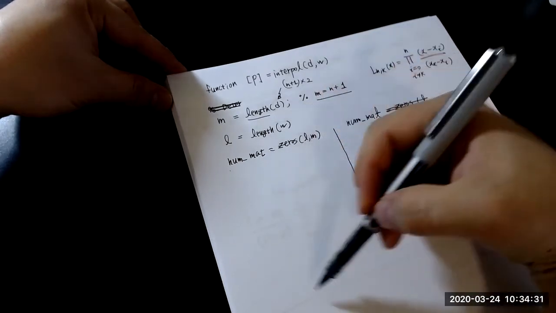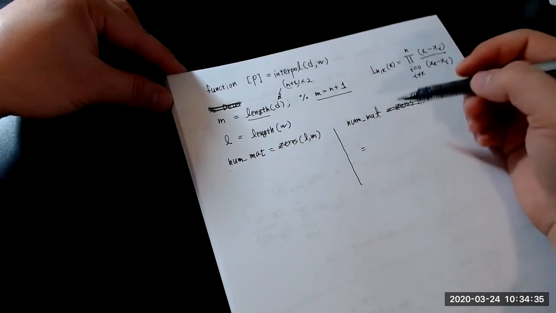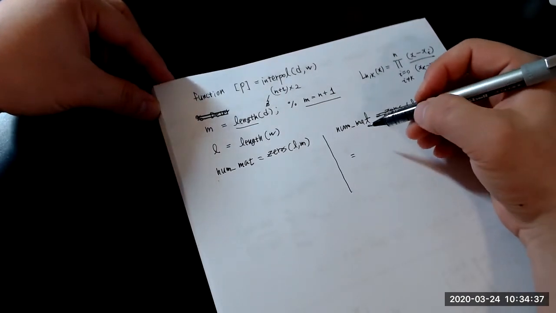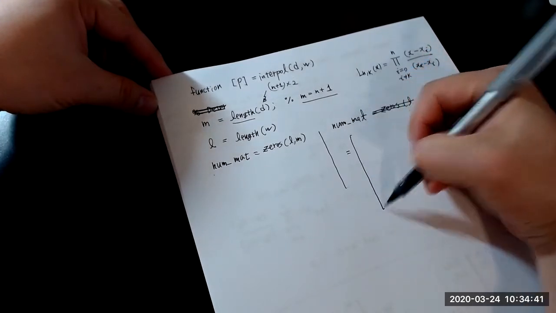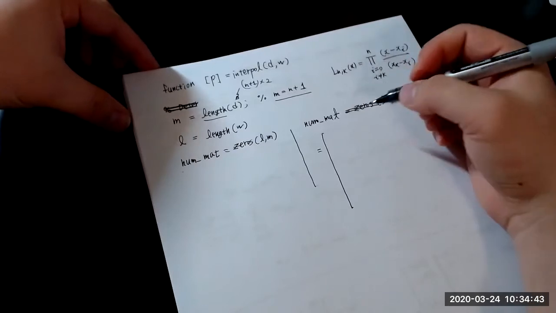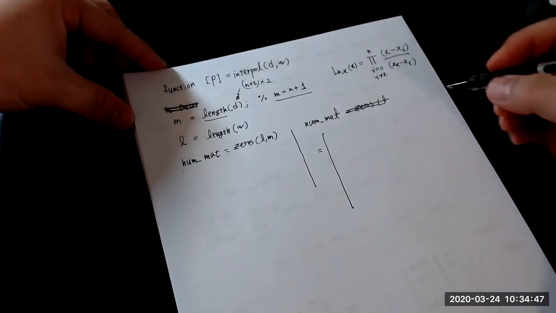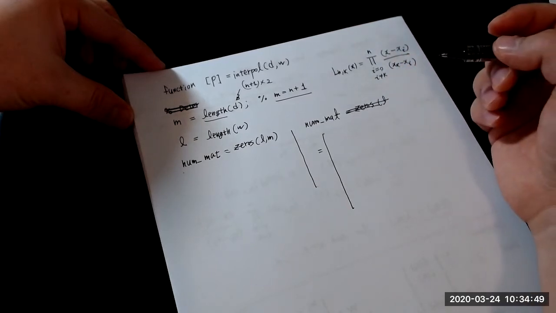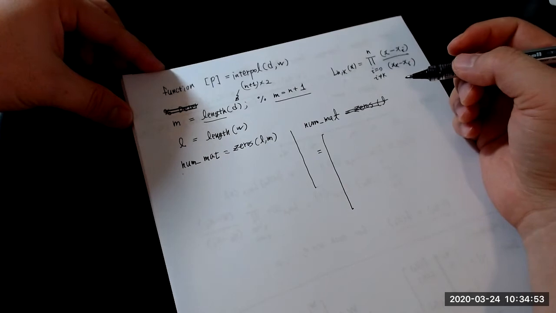This is MATLAB code, and this is a kind of explanation of each line. So that's going to be L.